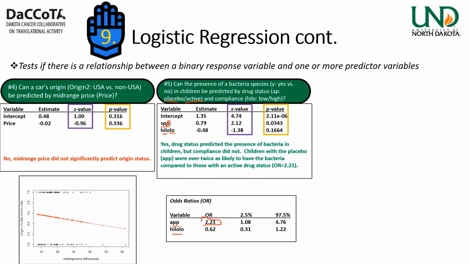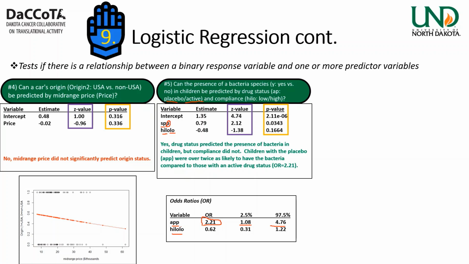So an odds ratio of 1 would mean there's absolutely no difference between our comparison, so between the placebo and the drug, and then we can tell if it's significant by whether or not the interval overlaps 1. So this is higher than 1. So what it's saying here is that it's twice as likely, and it's significant.